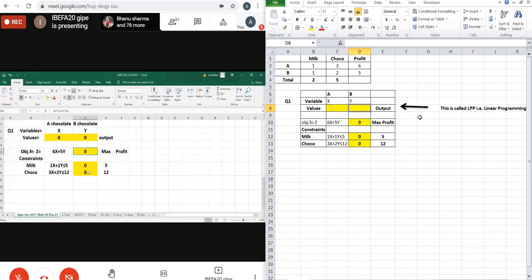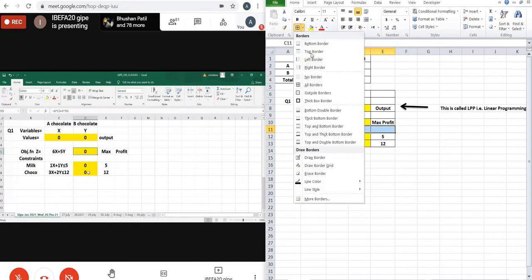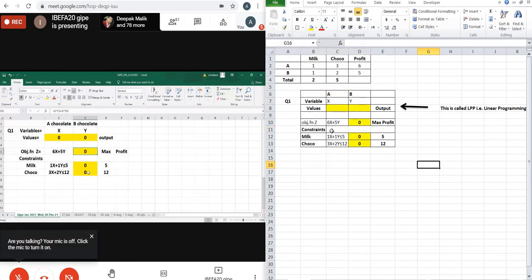This is step number 1. Now this can be solved without solver. We can plot graph, we can use simplex procedure, etc. But your syllabus is solve problem by LPP using solver.